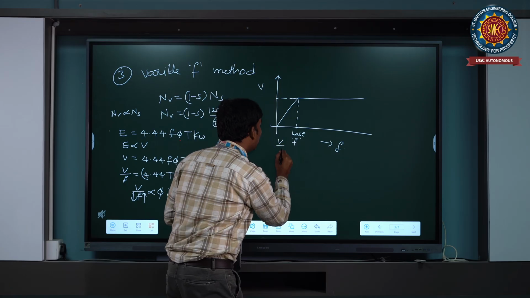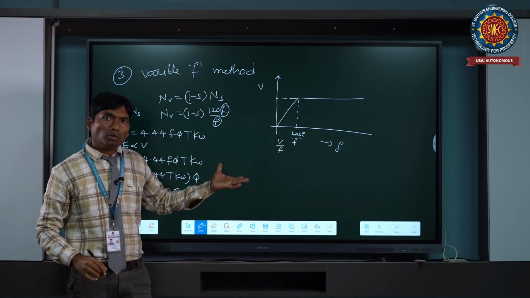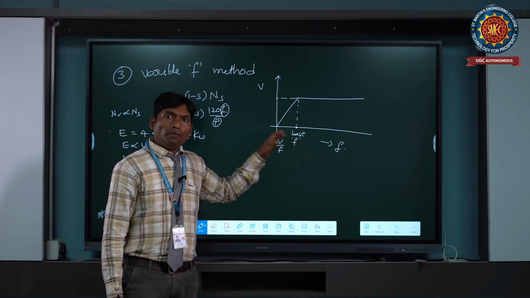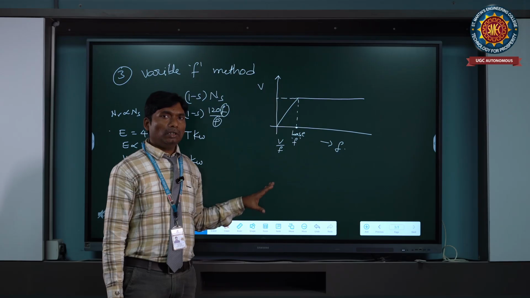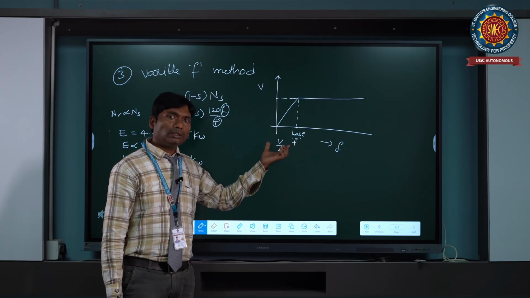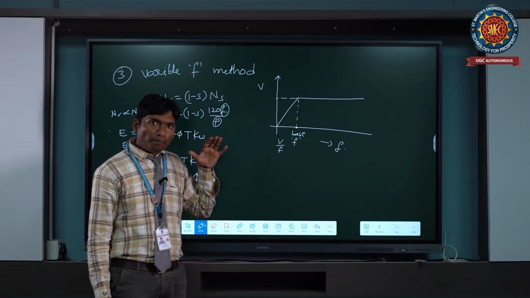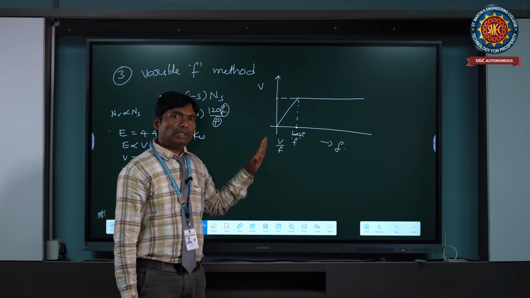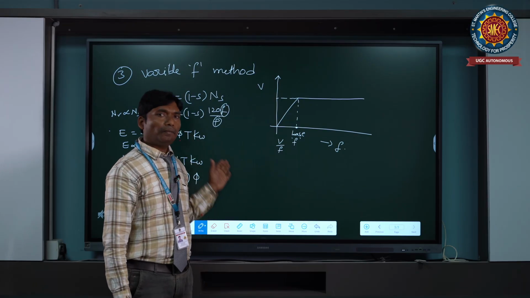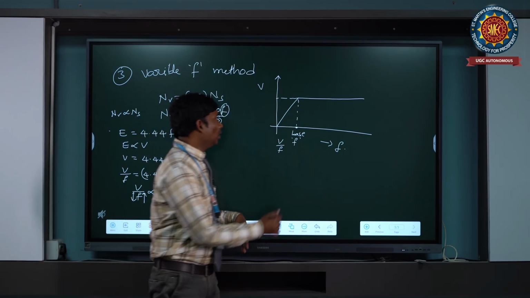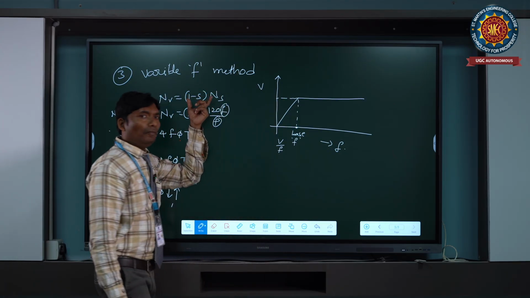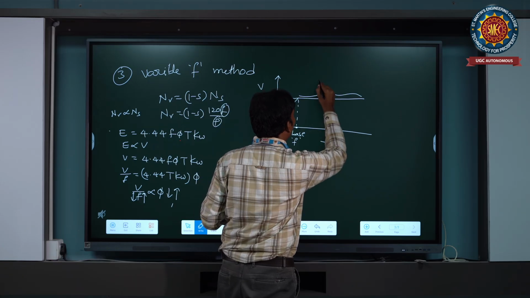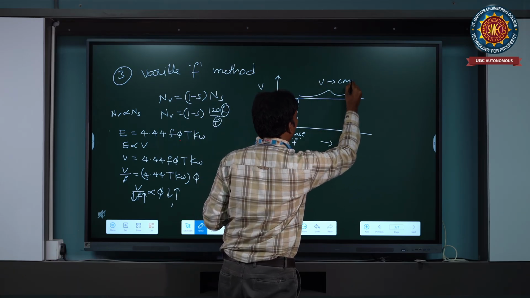Up to the base frequency, we can vary both voltage and frequency. This method is called the V by F control method. The V by F control method is used up to base frequency only. If you increase the frequency above the base value, we go for the variable frequency method. Here, in this duration, V is constant.